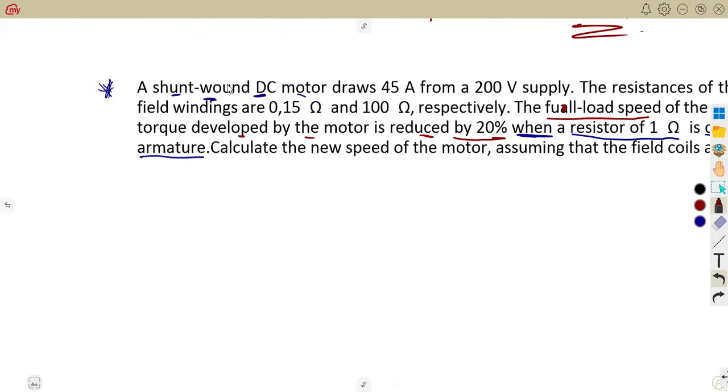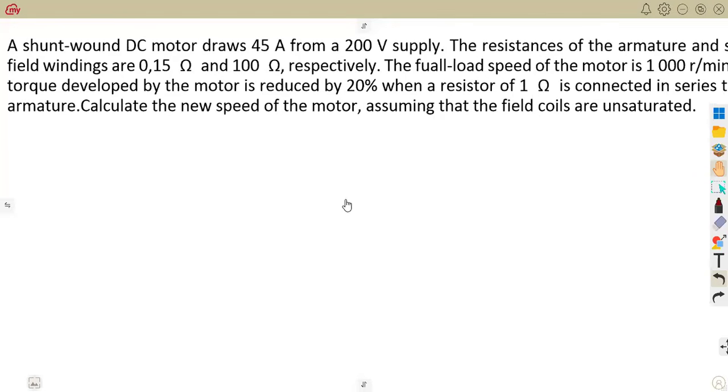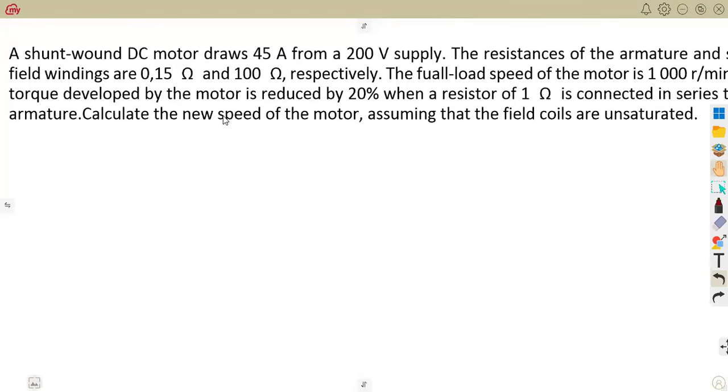So the original is what? Basically a shunt as it is. So you have to draw that. All right, so let's just have our stages. As I was saying, guys, everything is going to restart, but let us just answer our question.